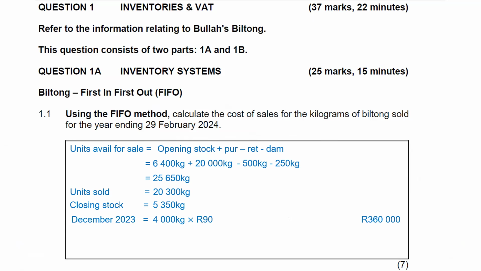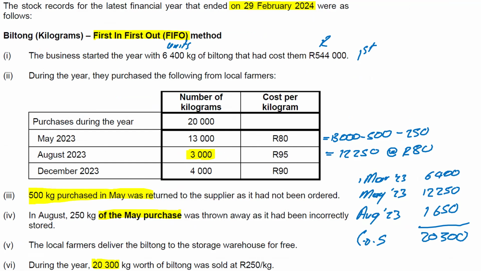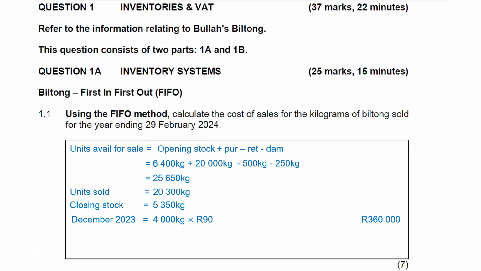was in August, and in August we had 3,000 units, and we are left with 5,350. That means 1,350 came from August, and the cost price of those units per unit was 95 rand.